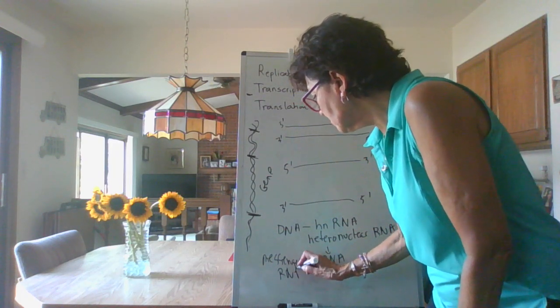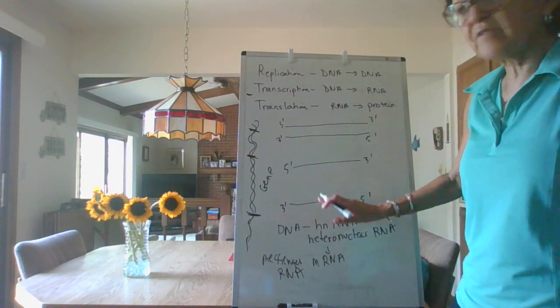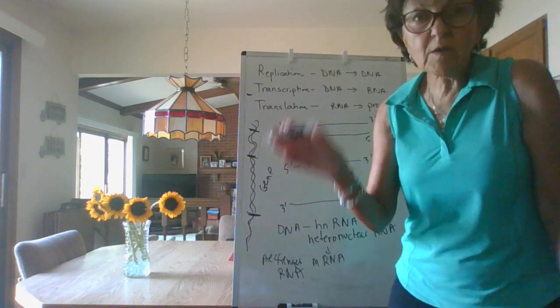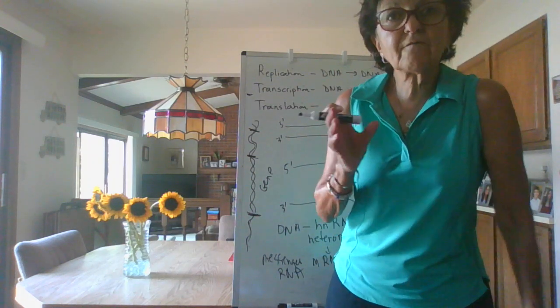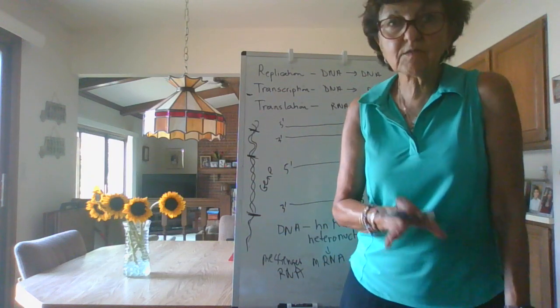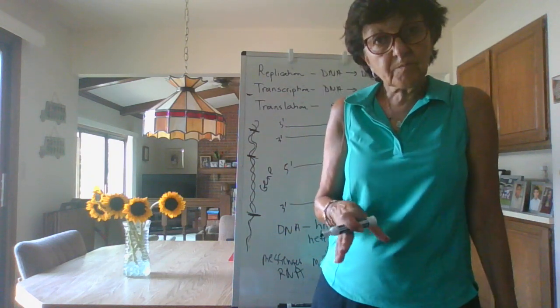So when the section of DNA that is the gene is copied to form hnRNA, and then the hnRNA becomes messenger RNA, all that is transcription.